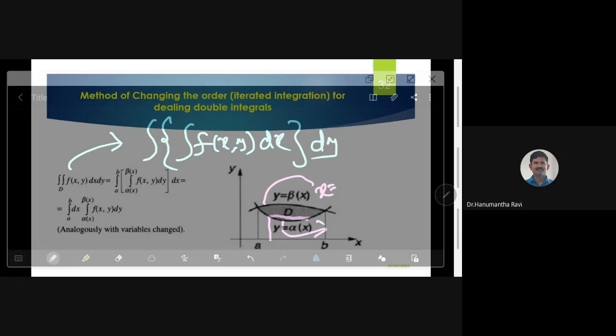Using an example, I will tell you this. So when you say it is x in terms of y, here the x limit will be there and here the y limit will be there. If you look at the example, we can easily see. I'll show the example in the next slide.